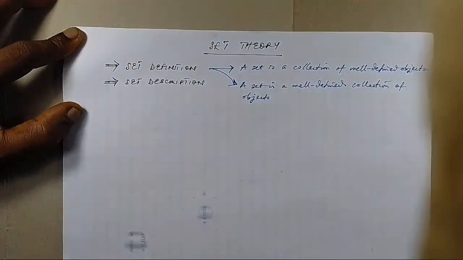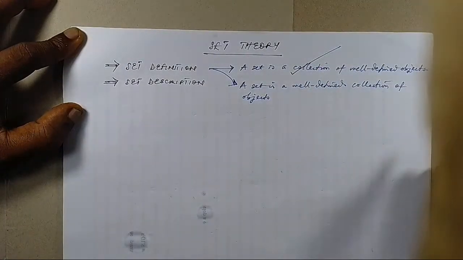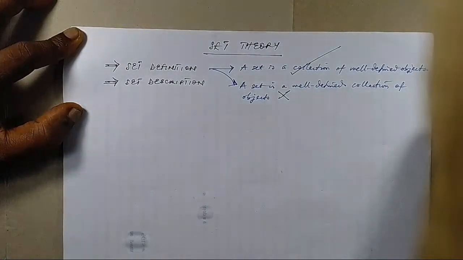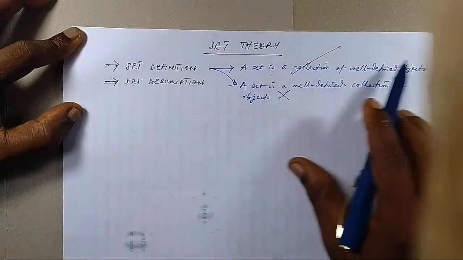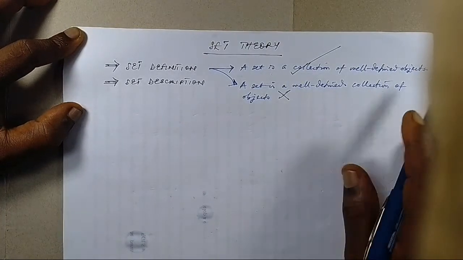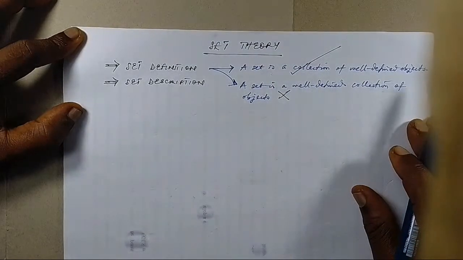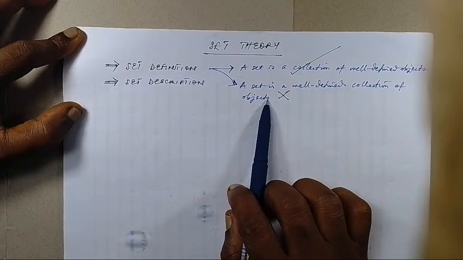Out of the two definitions, we said this one is correct and this one is wrong. I gave examples and explanations as to why the first definition is the correct definition of a set, and the second one is not.